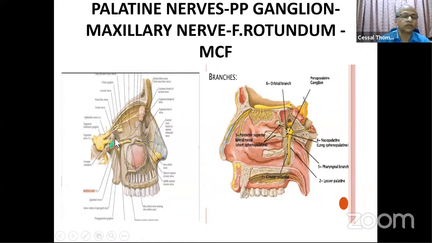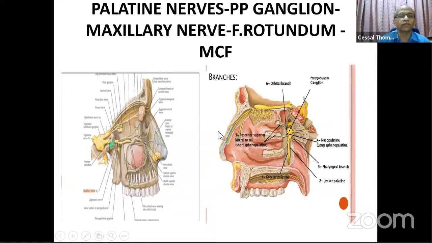It can reach the pterygopalatine ganglion, the pterygopalatine fossa, and from there, through the maxillary nerve, it can reach the middle cranial fossa. Or a hard palate or soft palate lesion along the palatine nerves can again reach the pterygopalatine fossa, and from there, through the maxillary nerve, the middle cranial fossa.